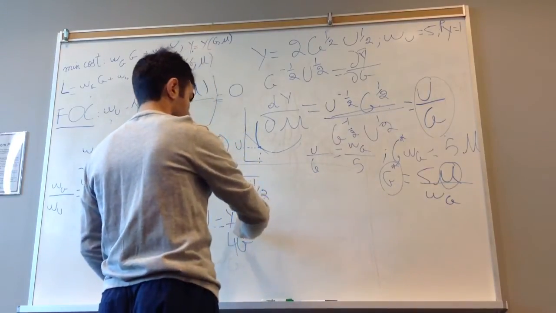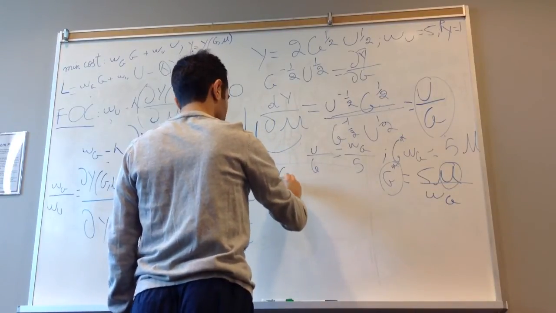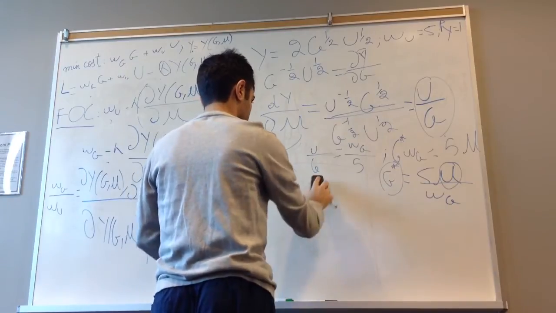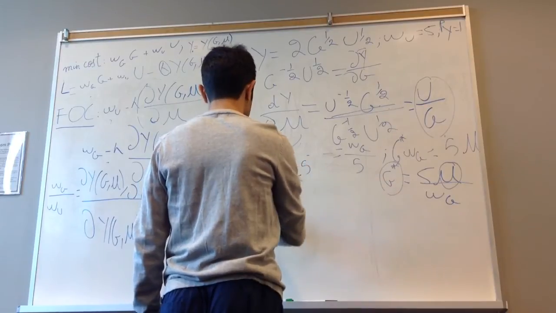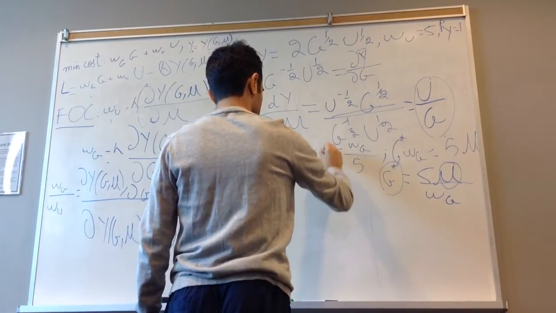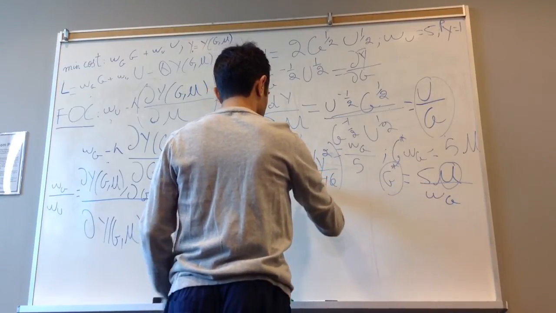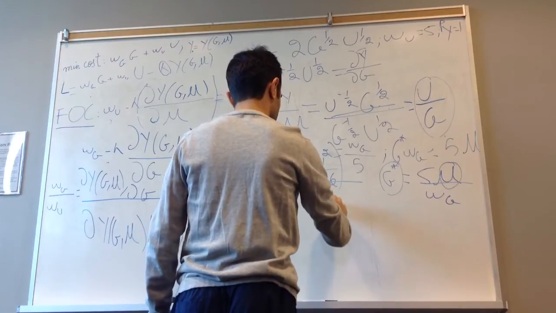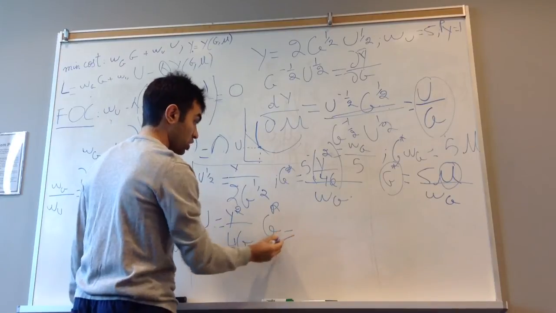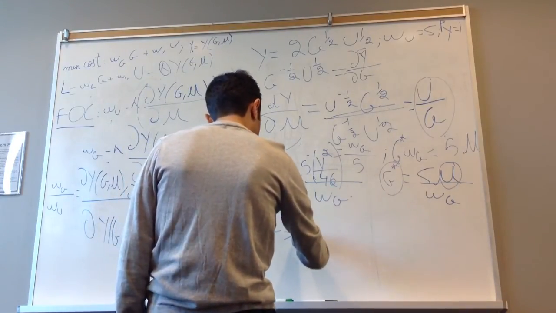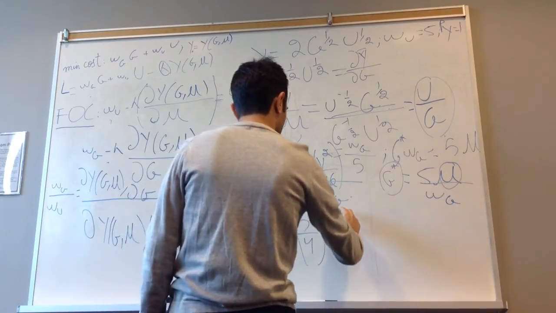Putting that back into this function, we get the G star is 5 times U over WG, which finalizes our optimal gnome level to be 5/4 to the power of half y.